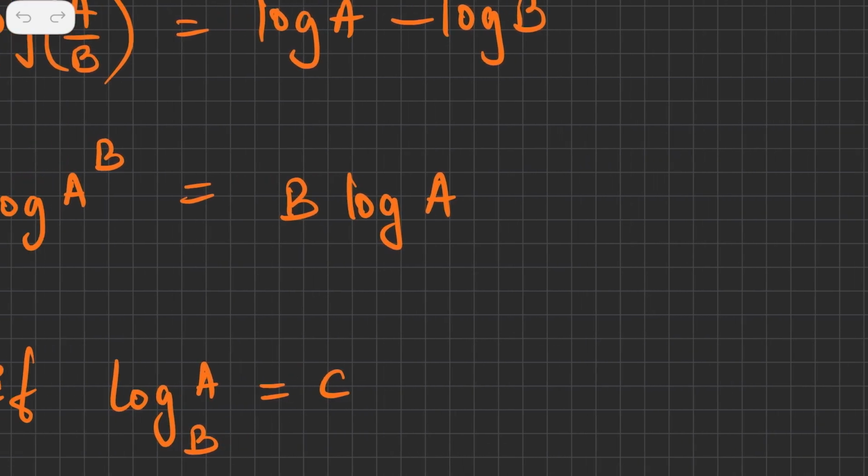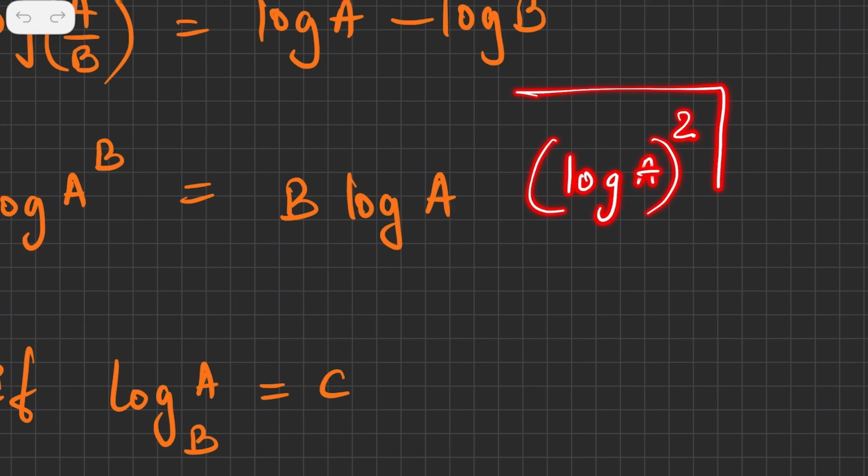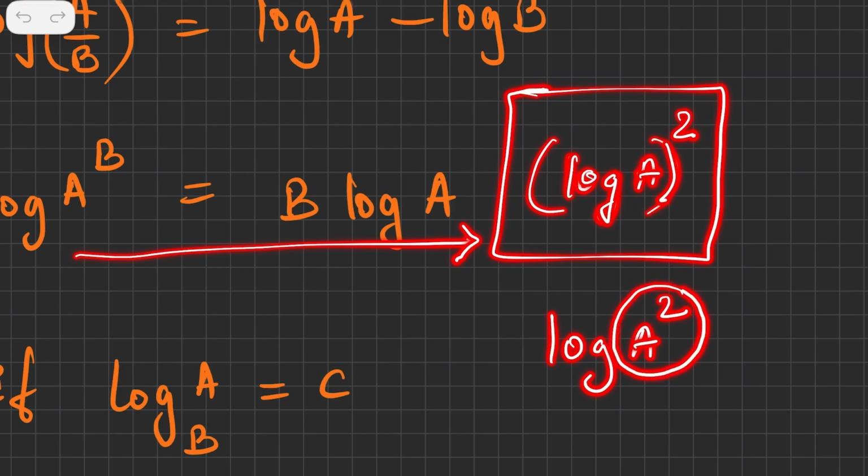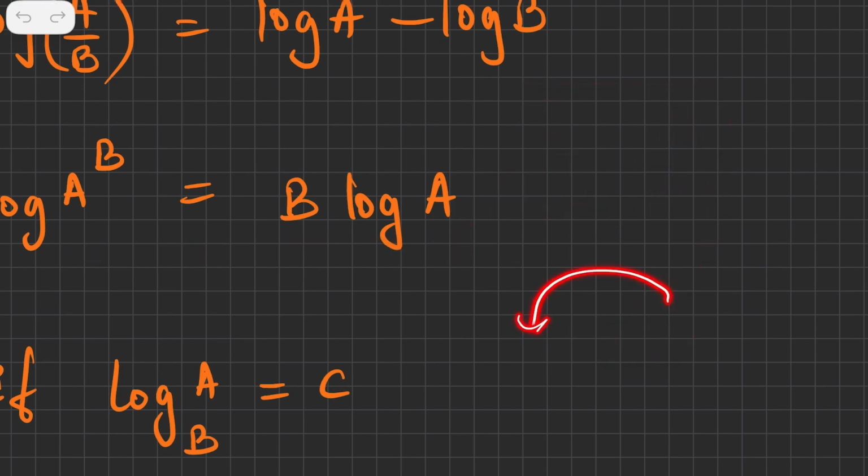Now just a disclaimer over here: if it is something like this, log a to the power 2, the part which I have written in red, this property will not get applied to this kind of calculation, because this is the square of the log of a, and this property is applicable to the log of a squared. Only if you have a squared can this 2 come ahead, not when the entire log is squared.